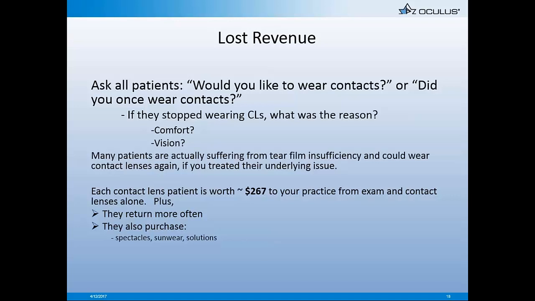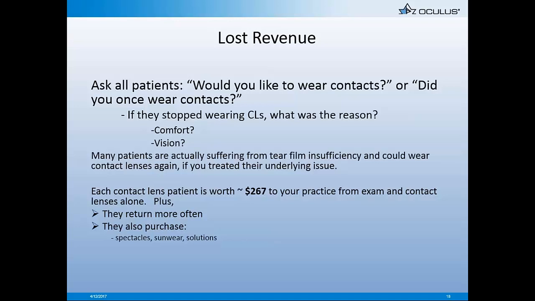Sometimes they didn't even tell you why, but as you're doing the non-invasive tear breakup time on these individuals and you're finding out that there's a lot of red, a lot of orange, there's some issues there, I think you should talk to all your patients about, would you like to wear contacts again? And the Keratograph will actually help you start realizing some of this revenue again as well, because now you have a diagnosis and you'll be able to show the patient, you'll be able to treat the patient, and then maybe after 6 months or so you'll have them back and you'll be able to put them back into contacts.